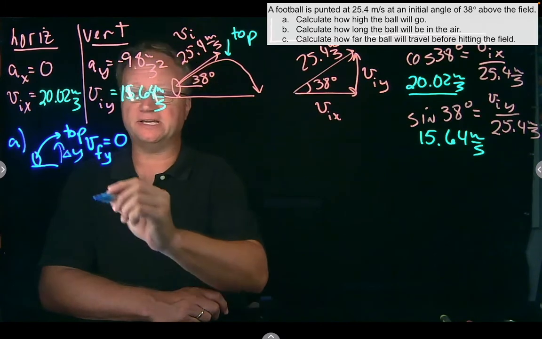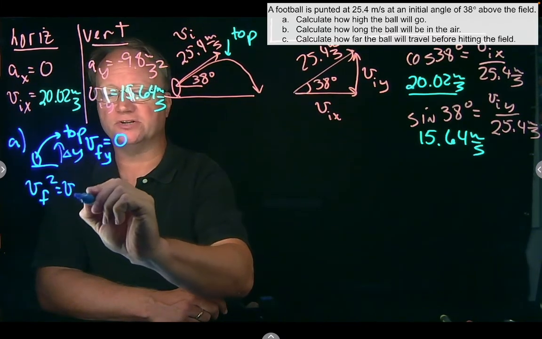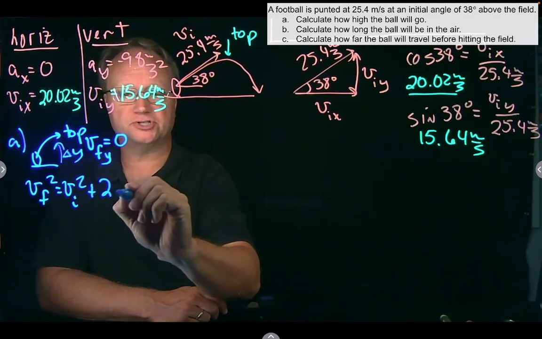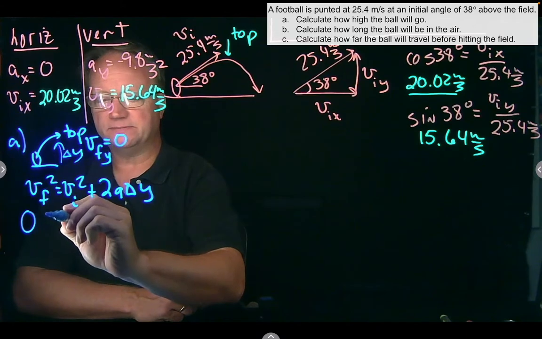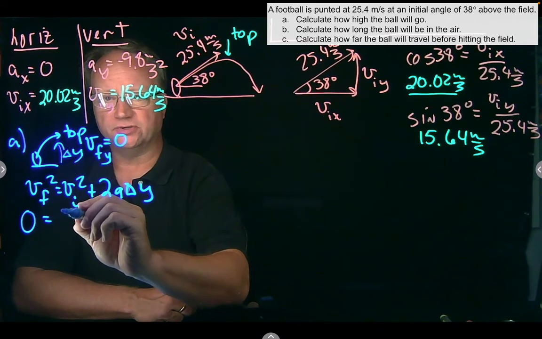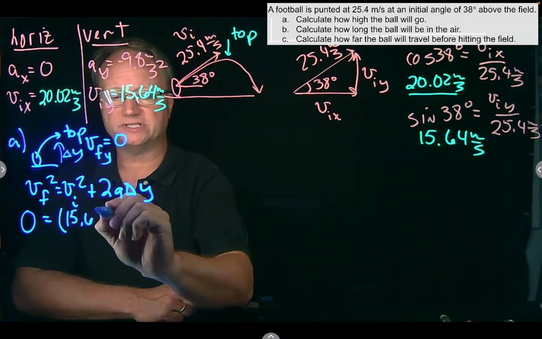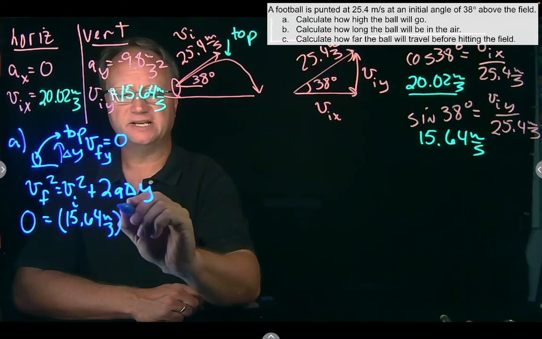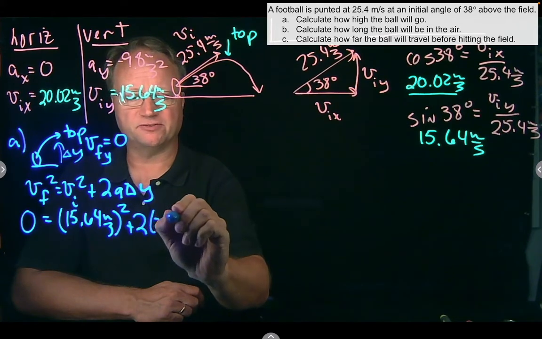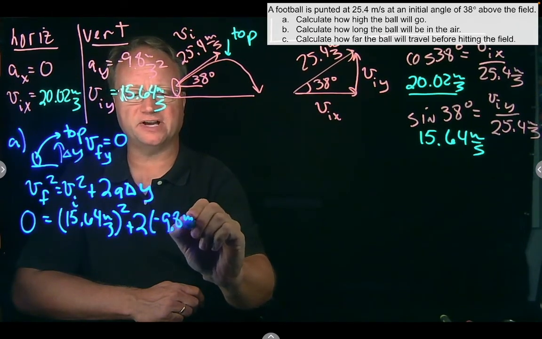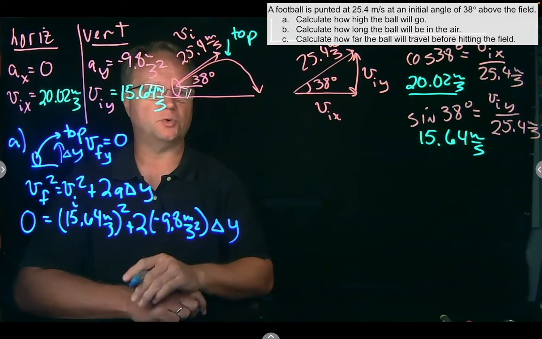So then plugging into the motion equation, Vf squared is equal to Vi squared plus 2a delta y. This is going to be 0 is equal to only the vertical initial velocity, 15.64 meters per second, quantity squared, plus 2 times the vertical acceleration, negative 9.8 meters per second squared, times delta y.